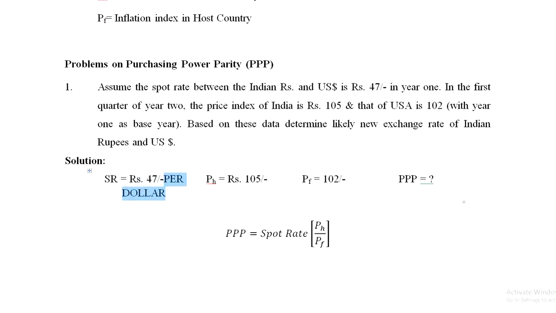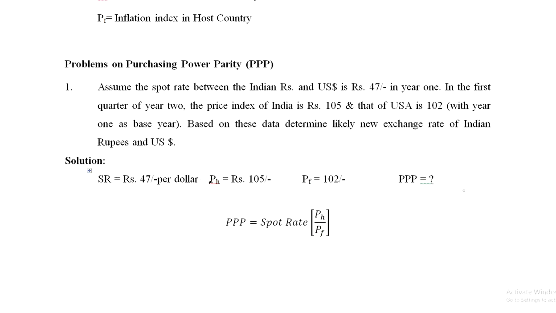It is given in Indian currency, which means India is the home country, whereas an Indian, how much should an Indian pay to purchase a single dollar? So an Indian is paying 47 rupees per dollar, right? Spot rate is given in Indian rupees. Hence India is the home country, right? And US is the host country, right?